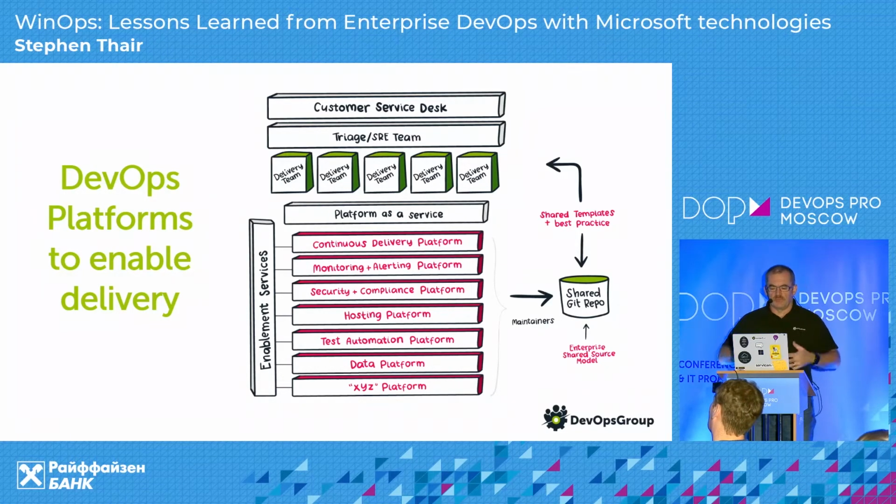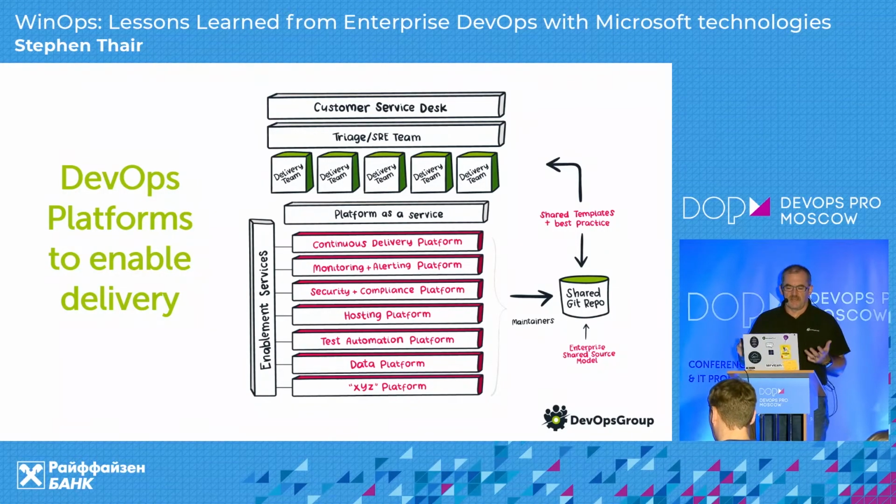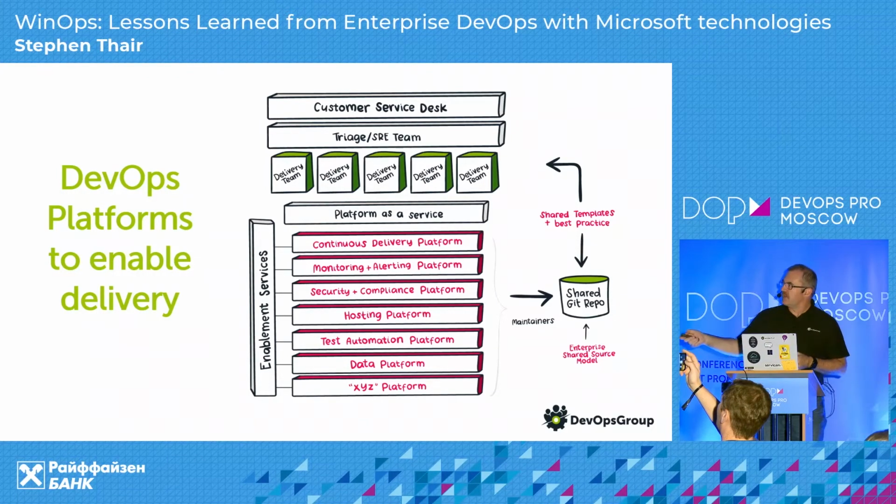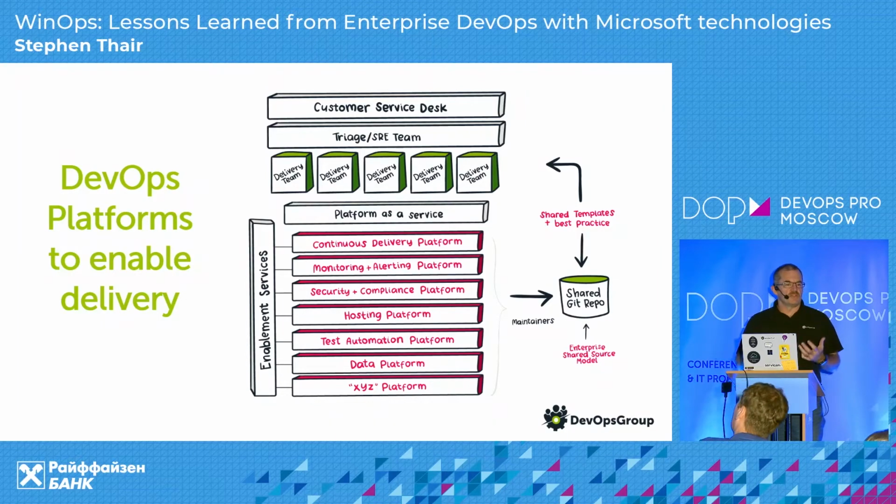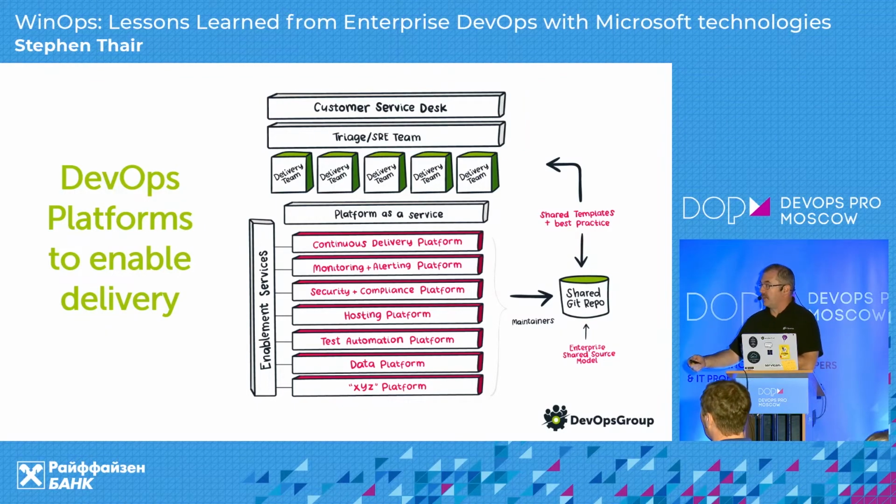So Ansible, Puppet, Chef recipes, whatever it is that you want, Terraform in order to stand up infrastructure. The whole key thing here is this must be delivered as platform as a service, because at any point, if they actually have to send a ticket in and wait on these teams to do something for them, you've just created another centralized bottleneck. And a lot of DevOps is about trying to get away from having these centralized bottlenecks.